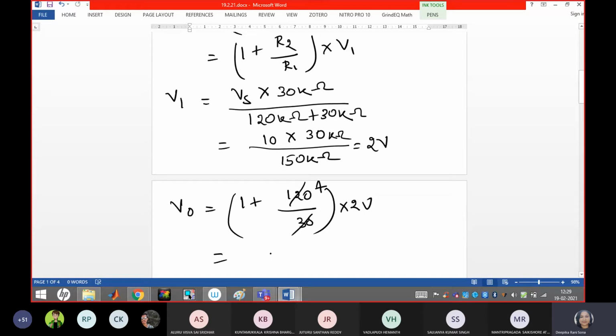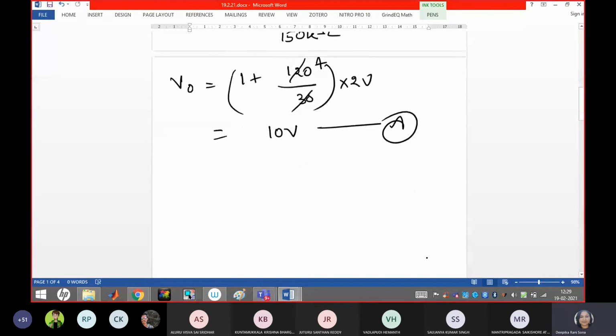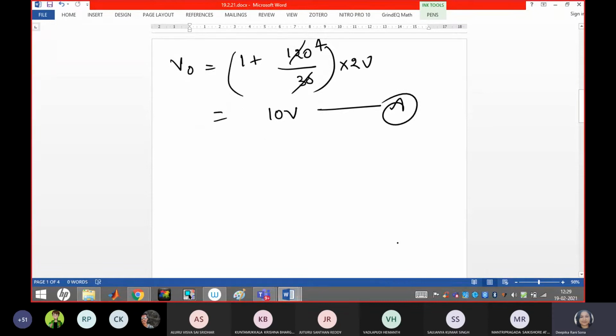Answer is 10 volt. Then solve the second part. What was the second part? Inverting type, and for that R1 and R2 values are different. That is case 2.